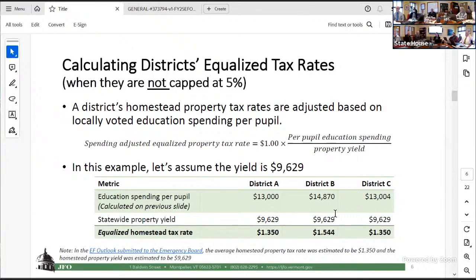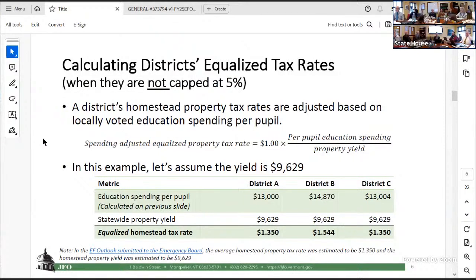Can you say something about the $1? Yes. The equalized homestead property tax rate and non-homestead property tax rate in statute is a minimum of $1.